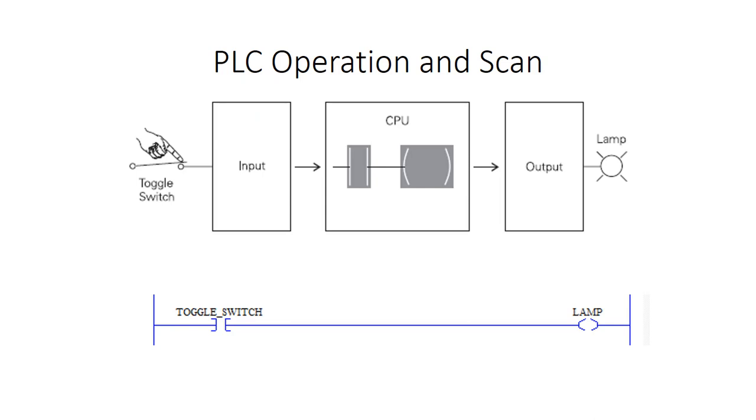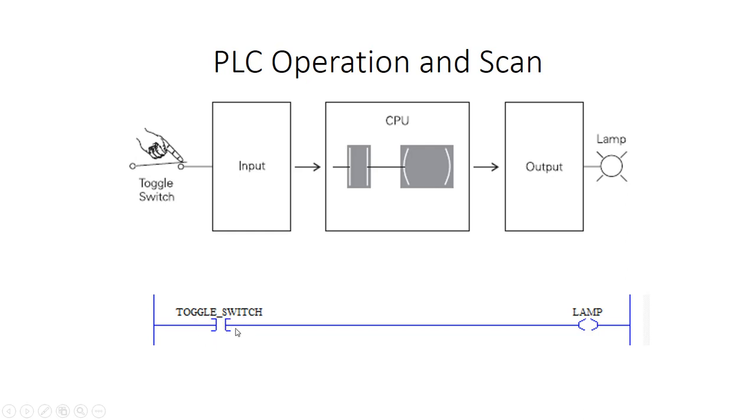So, PLC operation and scan. Here is the input module. There are the symbols that we've learned out of 131. That's where you would draw the symbol of the limit switch or toggle switch or whatever. It gets wired into an input module, and the input module does some conversion to tell the CPU whether it's been opened or closed. The CPU looks at my ladder. It looks like the ladder here is a toggle switch, and once again, it's not.